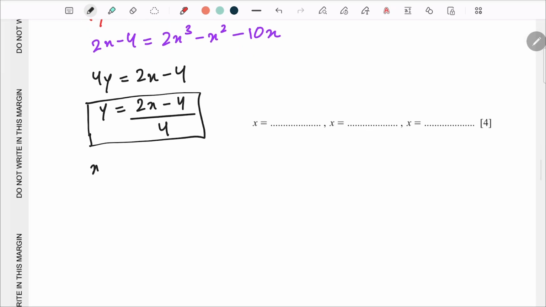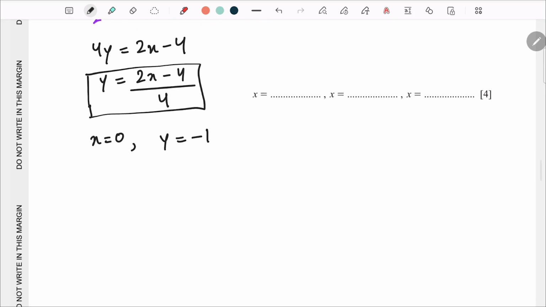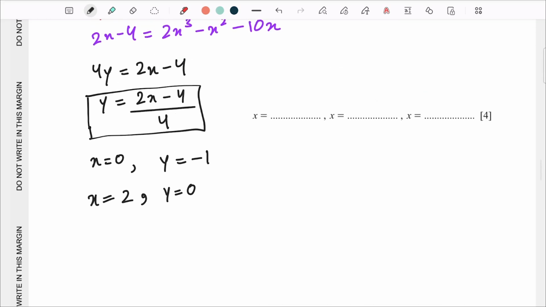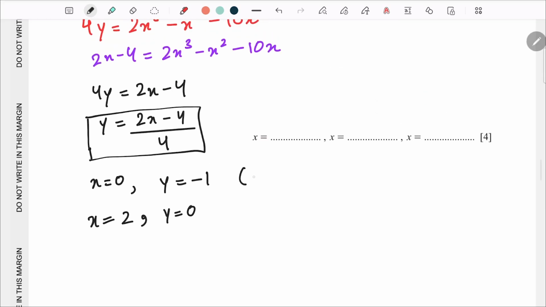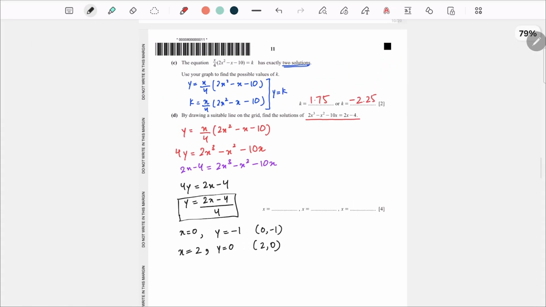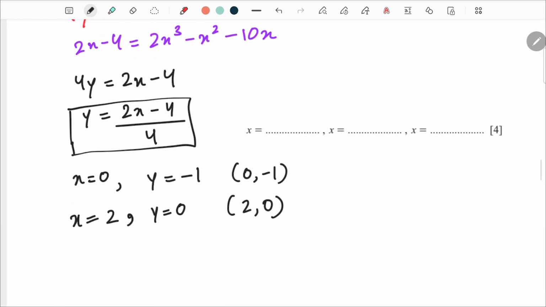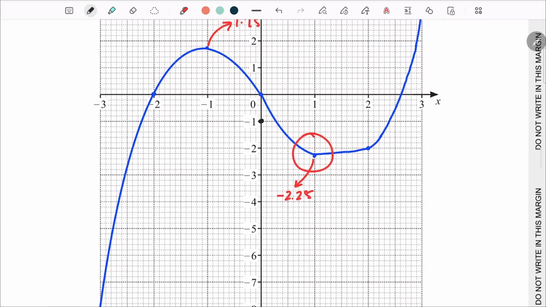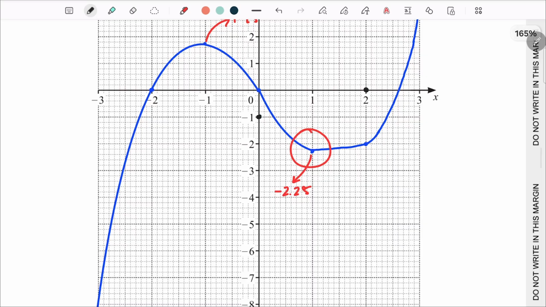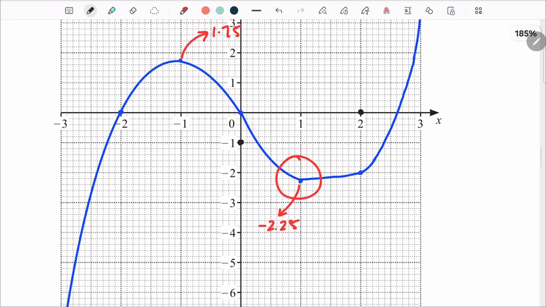I'm going to take x equal to 0, so y is going to be negative 1. If I take y as 0, then x will be equal to 2. Now just taking these 2 points, 0 comma minus 1 and 2 comma 0, I'm going to draw a straight line. 0 and negative 1 will be right here, and 2 comma 0 will be right here. I'm going to draw a straight line passing through these points.